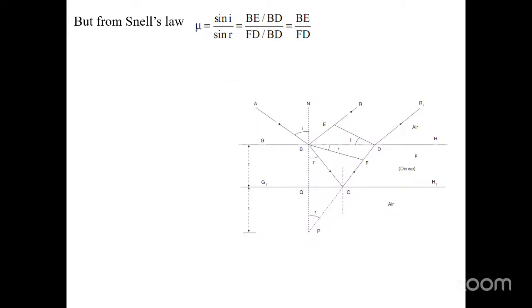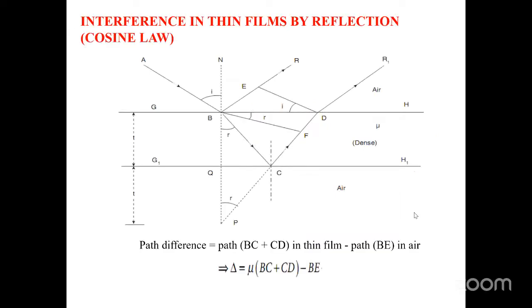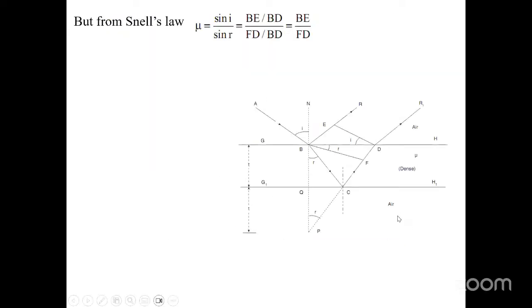According to Snell's law, what is Snell's law? Sin i by sin r, the ratio of the sine of the incident angle to the refracted angle, is nothing but the refractive index. So sin i is BE by BD, and sin r is FD by BD.